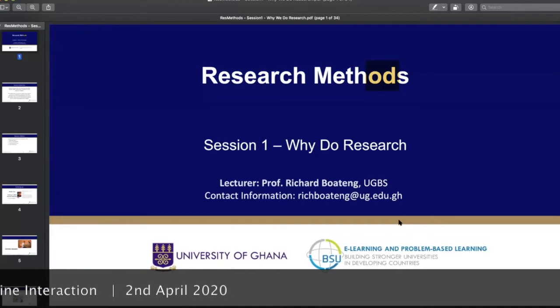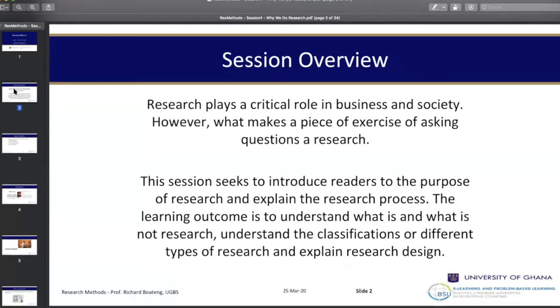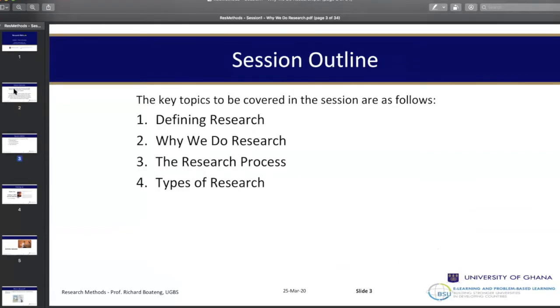So why do we do research? That's what I'll be teaching within the next 40 minutes. I'll try to explain what research is, the types of research, the research design, and the classifications of research. My session is outlined in 4 topics: defining research, why we do research, the research process, and types of research.